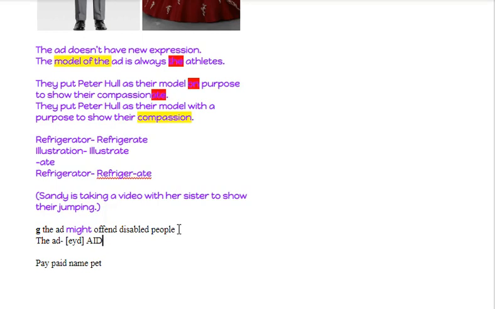And another useful and helpful guide is your dictionary. Your dictionary will help you with that, and check the IPA.